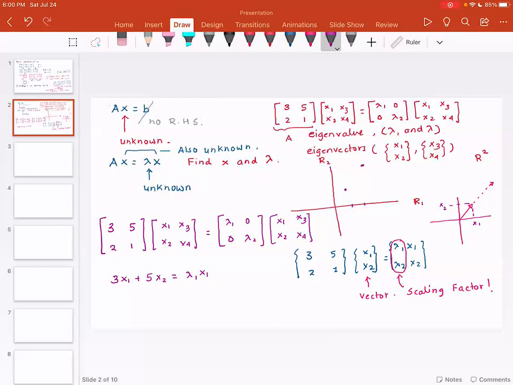Then I will have to repeat the same process because I'm going to get a 2 by 2 matrix. I should have written it like this: first row, first column, first row, second column, second row, first column, second row, second column.